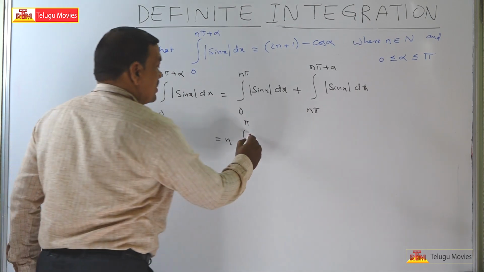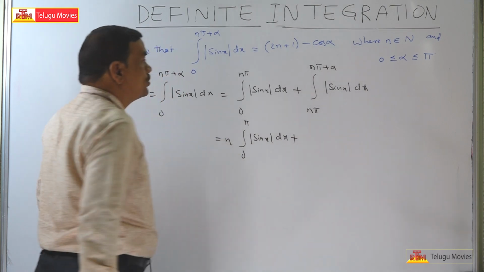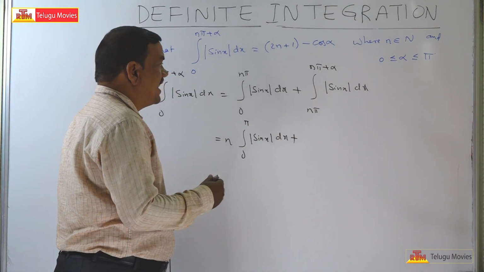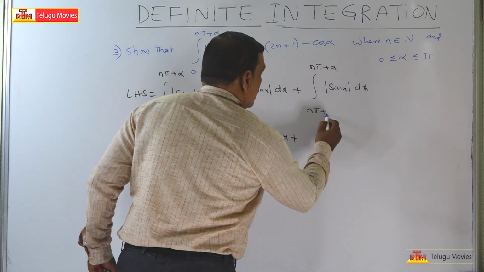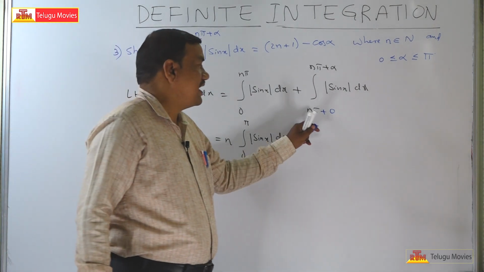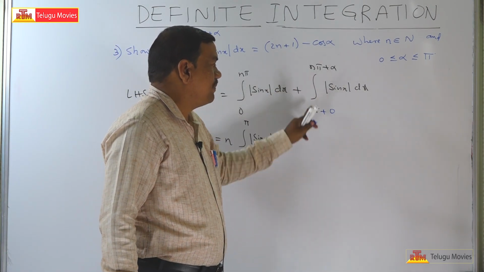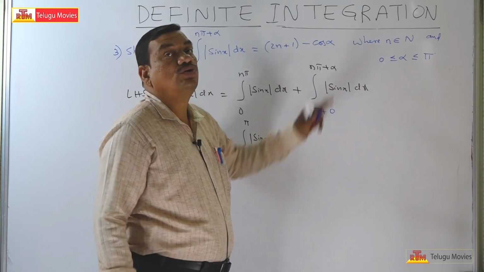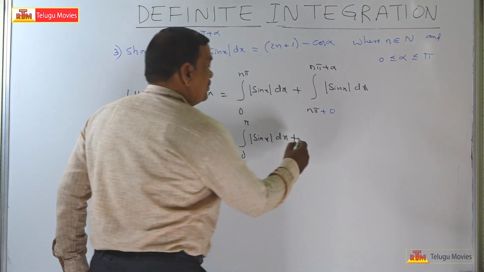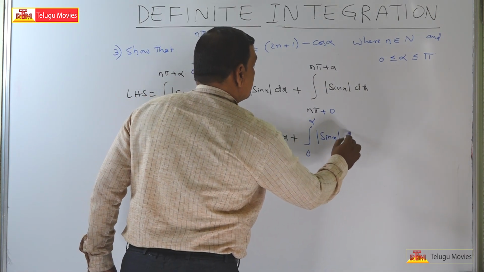Next, we have one property: whether it is n pi, a pi, b pi or c pi, the n pi will go, and the integral becomes 0 to alpha of modulus of sin x dx.